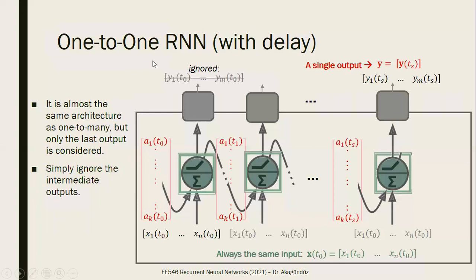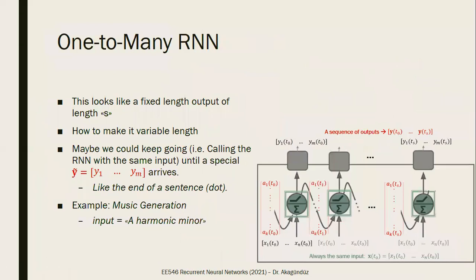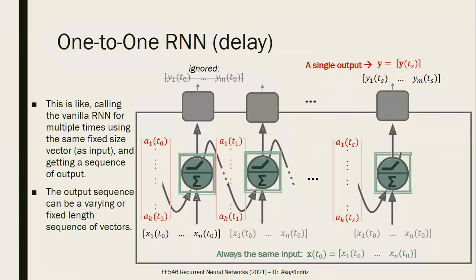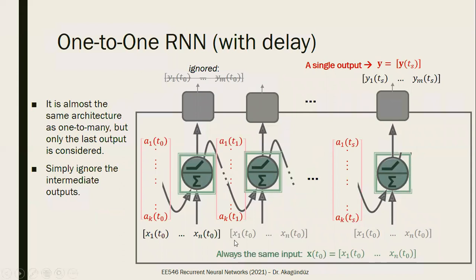Well, here something strange comes to mind. One-to-many was the same example in which we fed inputs and got outputs, and one-to-one with delay is again, we feed inputs and we get outputs. So what is the difference between them?